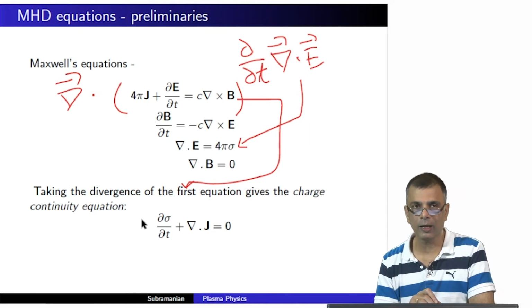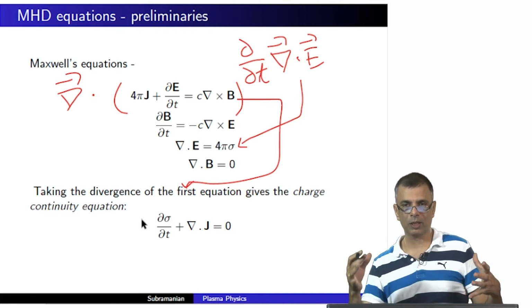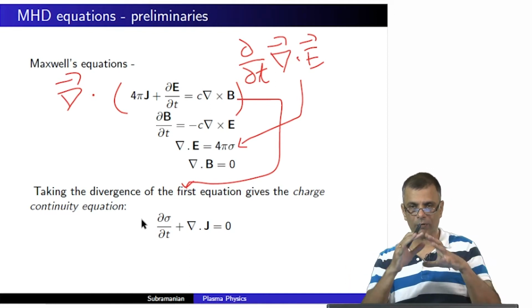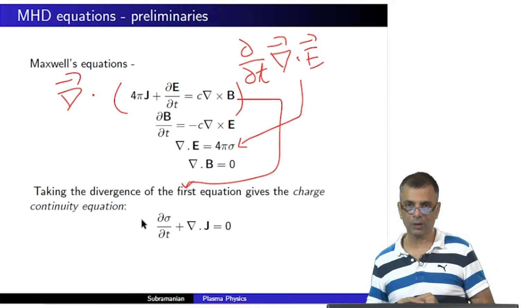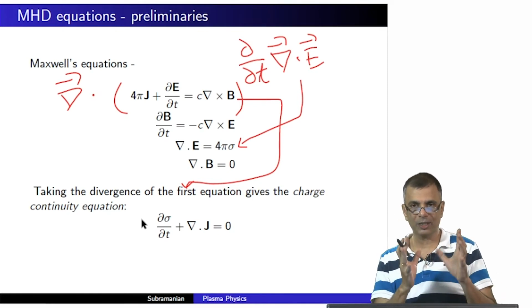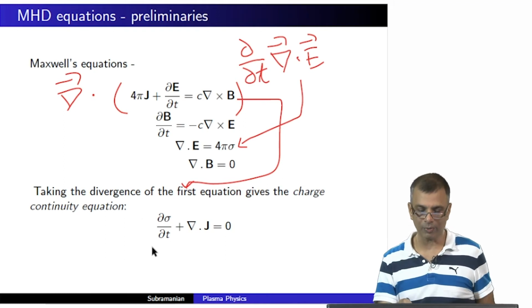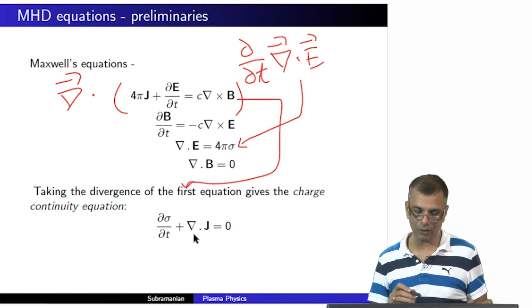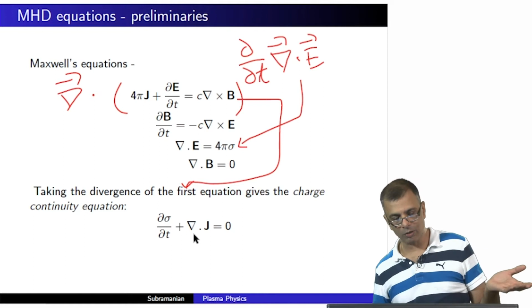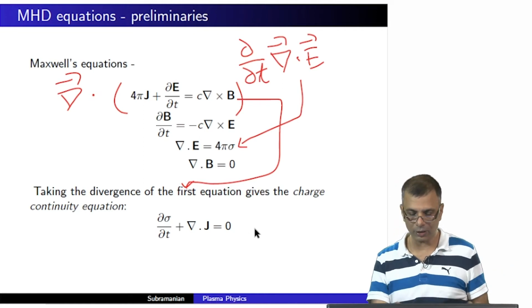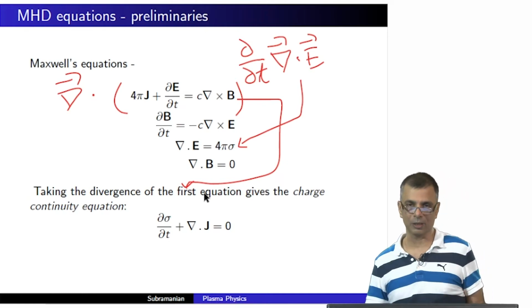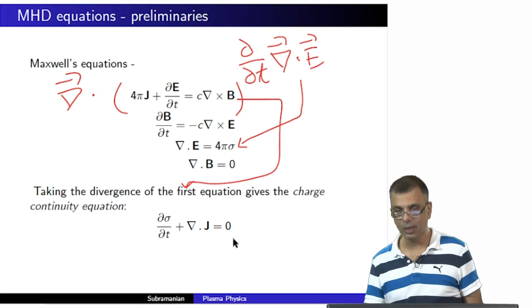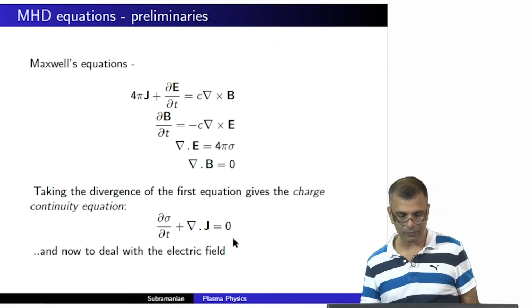If there is no current flowing into or out of a volume through the surface, there is no way the charge density inside that volume will be changing with time. That is what this equation is saying. You can also think of this as the equation for conservation of charge. Electric charge is always conserved. That is what this equation is saying.